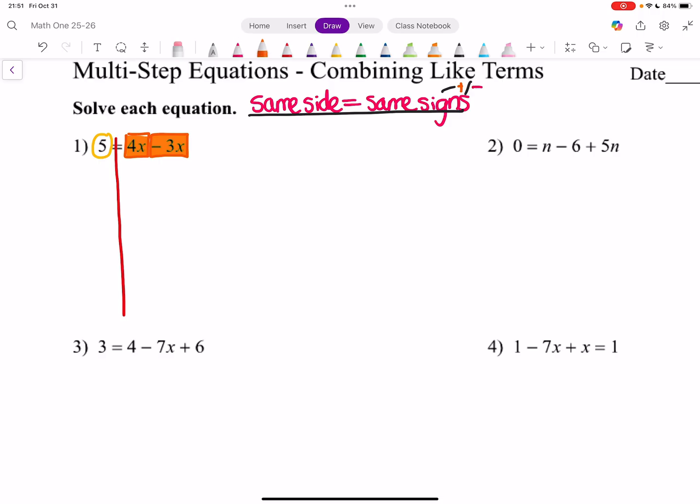As I look to simplify the right-hand side of the equal sign here, I am noticing that I see a positive 4x combined with a negative 3x. I can treat that either as 4 with subtraction by 3 or as 4 added to negative 3 because adding the opposite is the same thing as subtracting.